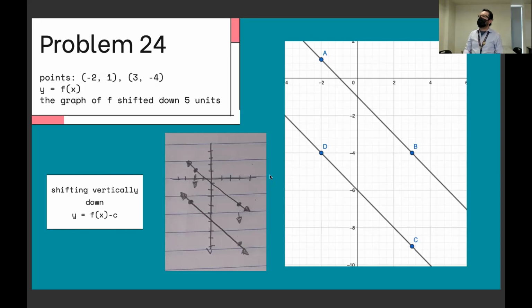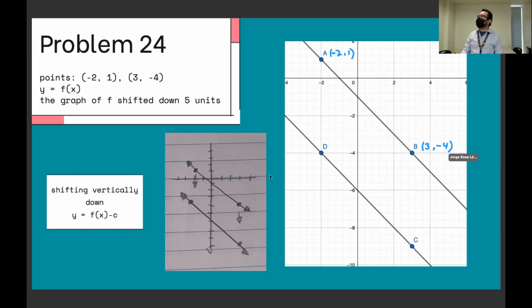So what's happening here is that we've got 2 points, -2, 1, which is this point here, and this point B over here is 3, -4.